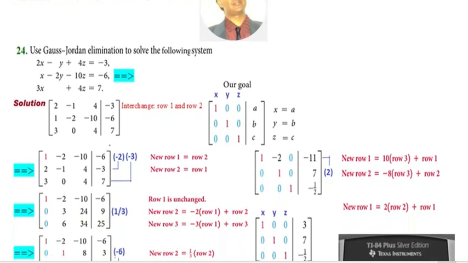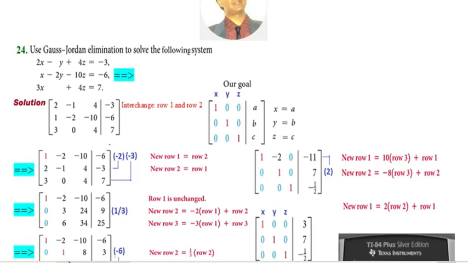And to do that, multiply row number 1 by minus 2 and add to row number 2. Multiply row number 1 by minus 3 and add it to row number 3. And keep row number 1 as it is. So that is 1, minus 2, minus 10, minus 6.